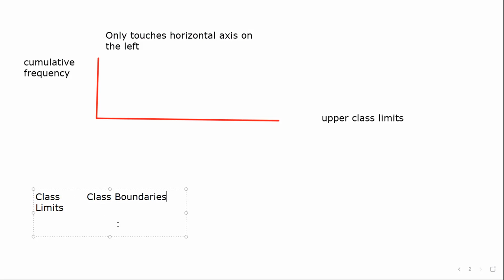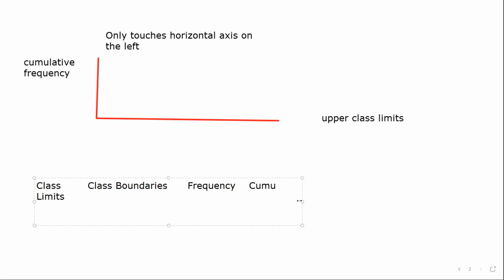And then we're going to put our frequency, just to make this easier for us, and then our cumulative frequency, because did you get those already or not yet? I'm writing cumulative frequency down. Now let's see if I can make the box wider. There we are. All right, so it's cumulative frequency.